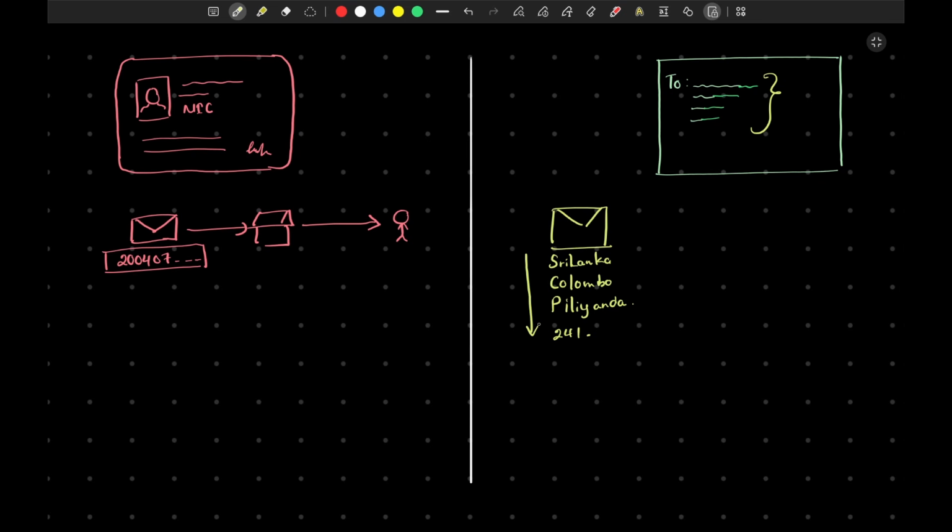You can go down the hierarchy and identify the place clearly. We have first Sri Lanka, the geographical area, which narrows down to the Colombo area, again narrows down to the Piliyandala area, and again narrows down to the particular house from this number.